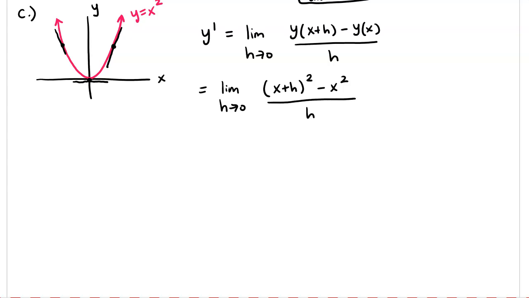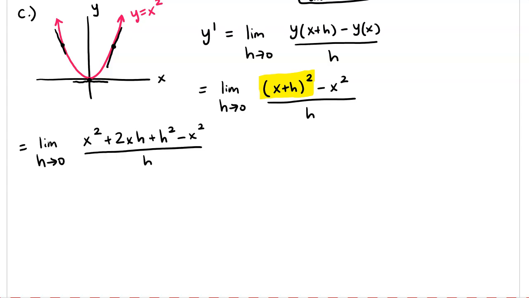Now what we want to do is we want to expand out x plus h squared so that hopefully we get some simplification in the numerator. This is equal to the limit as h approaches 0 of x squared plus 2xh plus h squared minus x squared all over h. Luckily, we get that x squared and minus x squared will cancel out.